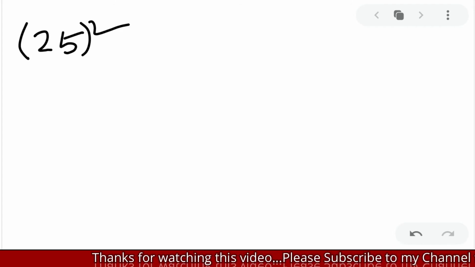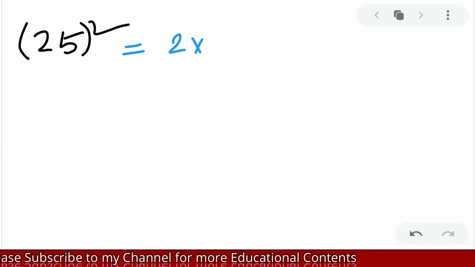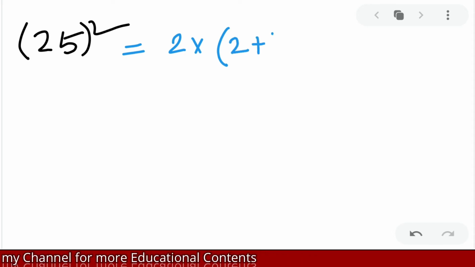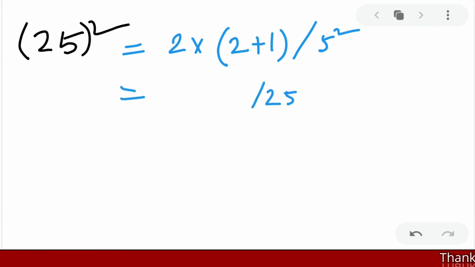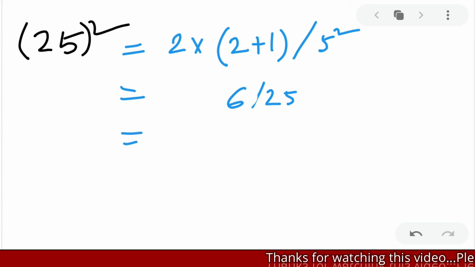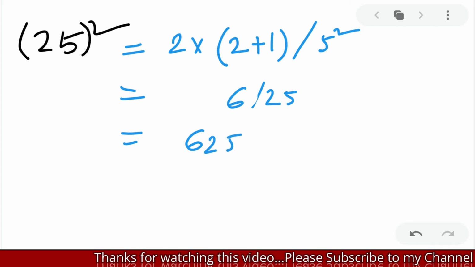According to the rule, the first digit 2 into 2 plus 1, that is 2 into 3, which is 6, and then 25. So it will be 625.